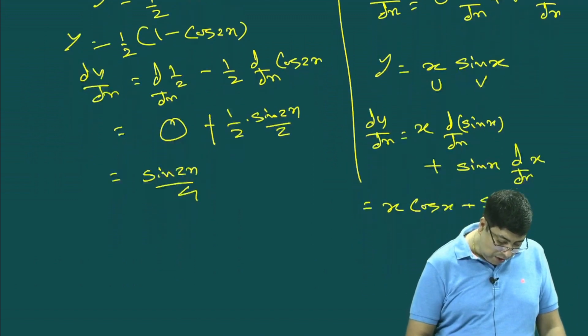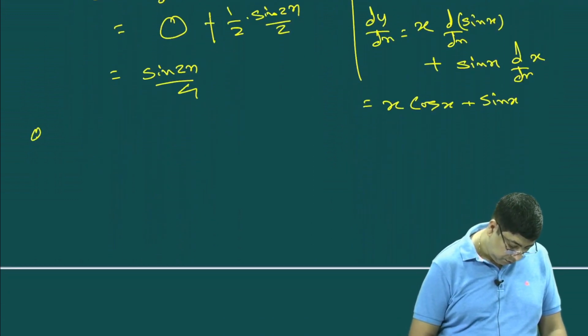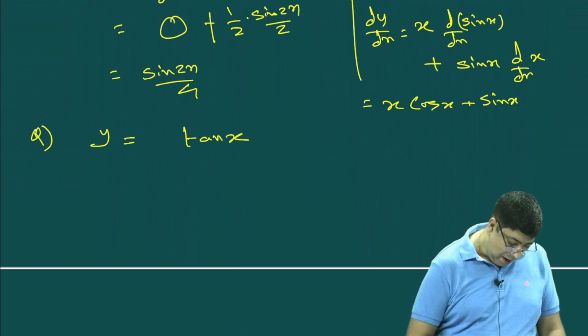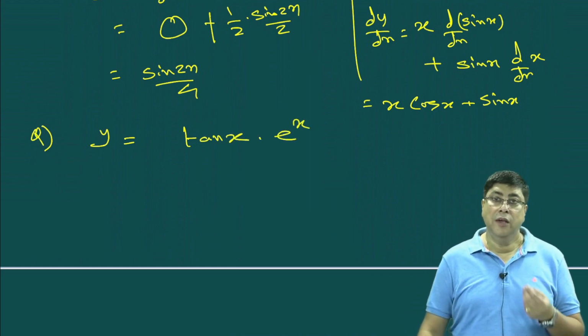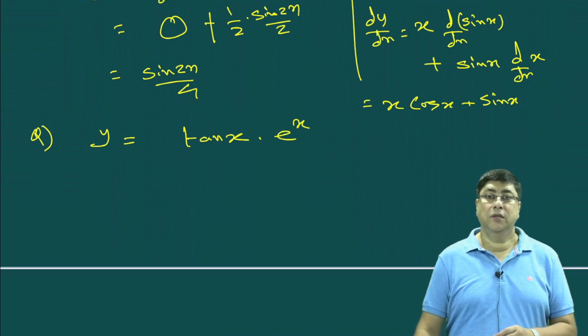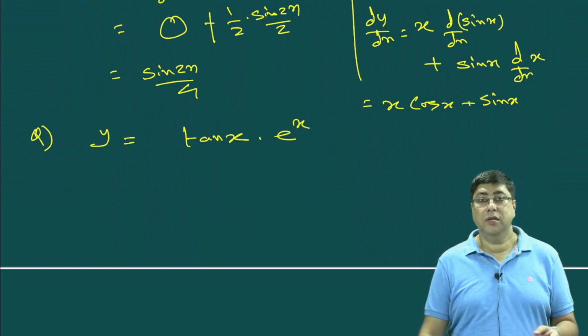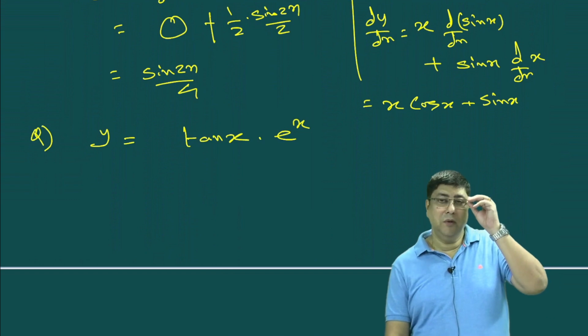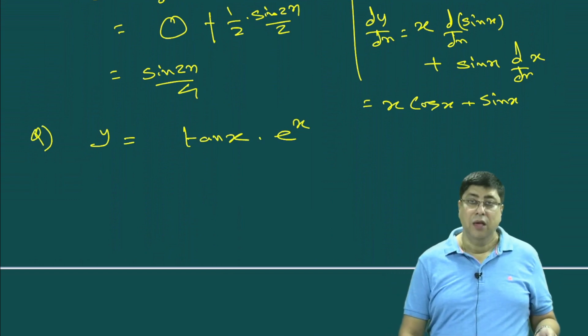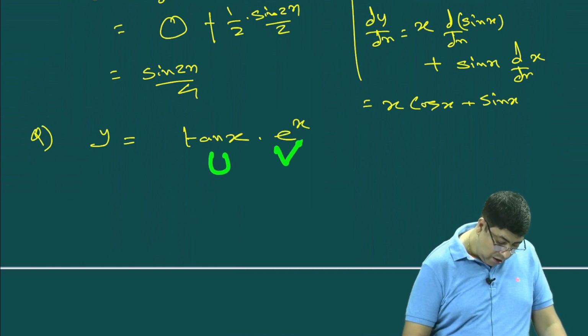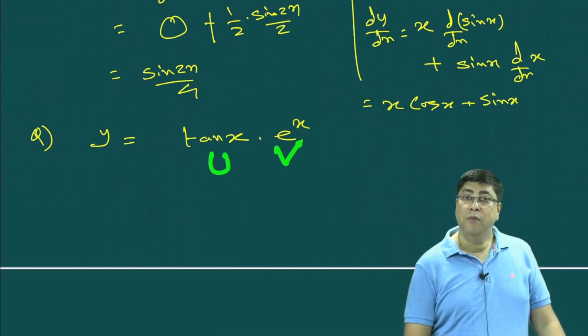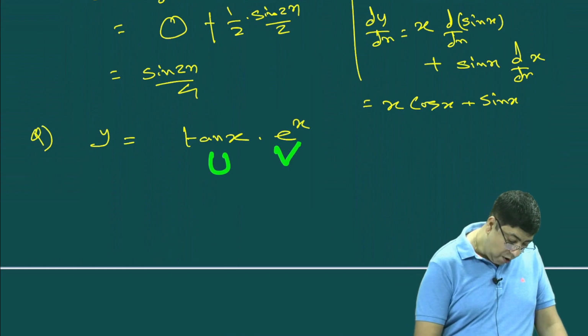Next, let us come to the next sum. Suppose y equals tan x into e to the power x. Similarly, you can select any function as u and any function as v. It depends on you. This is your choice. Suppose I take tan x as u, the first function, and e to the power x as v. So let us apply the product form or u v formula.